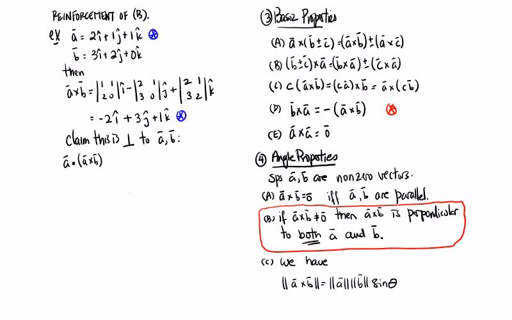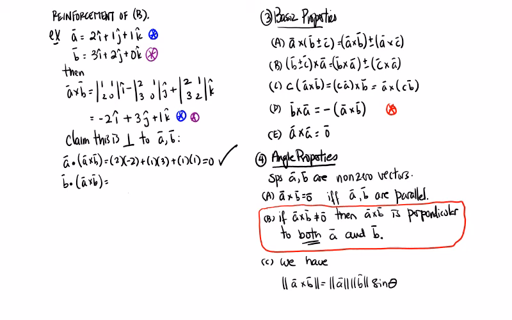Remember how the dot product works? You just multiply the components and you add them. So when I do this, I get 2 times negative 2, plus 1 times 3, plus 1 times 1, and that's 0. And when I check it with B, I'm dotting B with this same one right here.